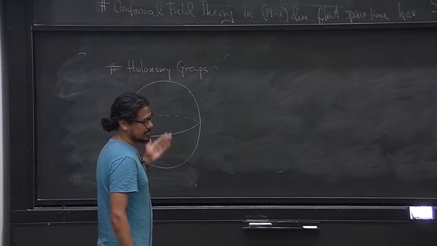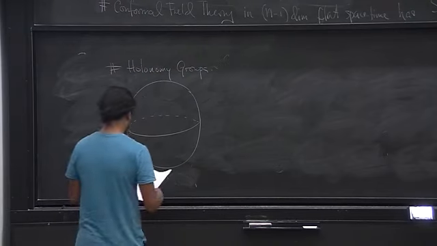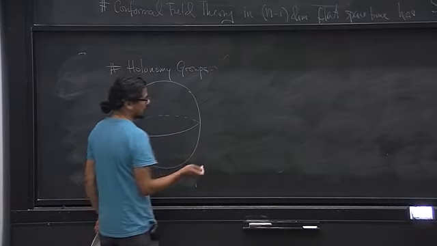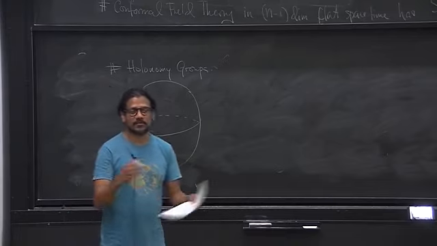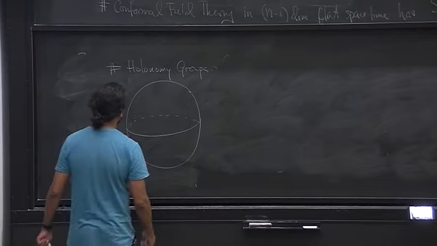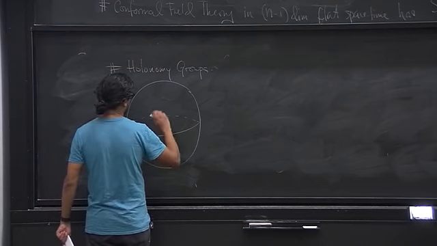You have to be careful when you compare vectors in two different places. So there's a notion of parallel propagation, and on a manifold there can be many different prescriptions for propagating a vector in a way that you call parallel.